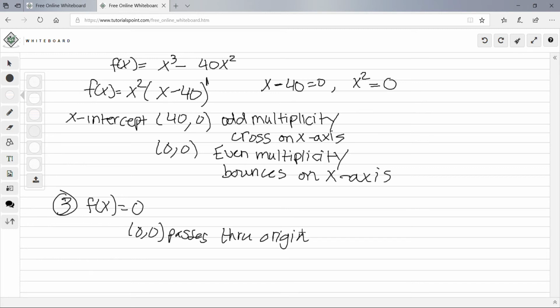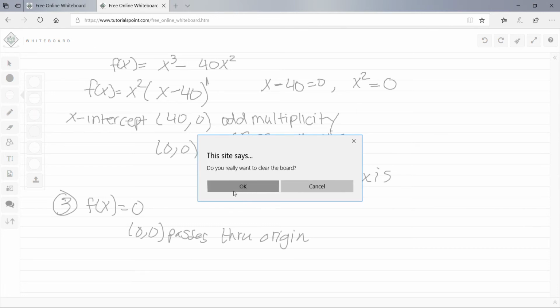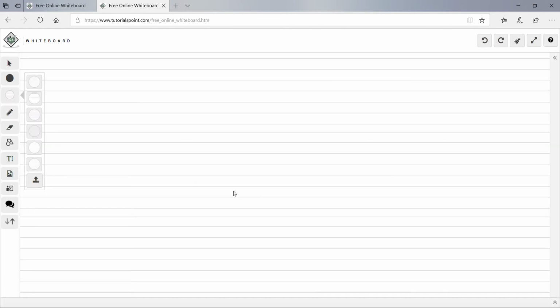The next step is just to graph it, and I'm going to have to erase again. So we're going to graph it.